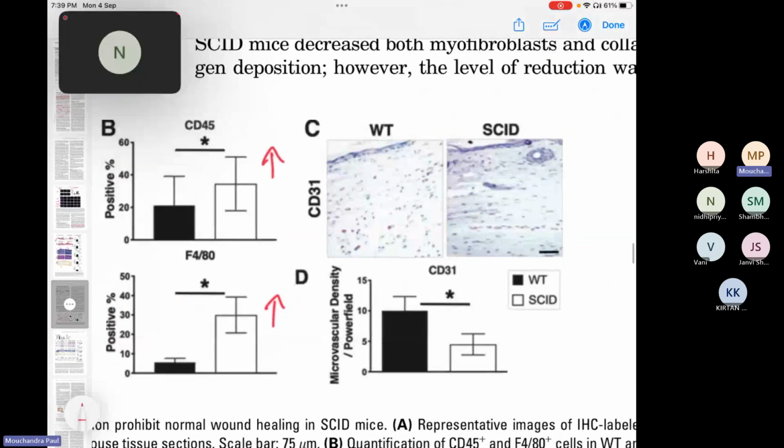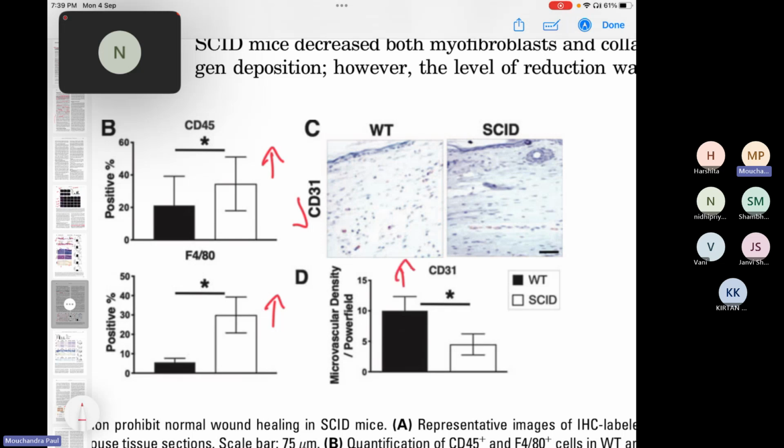They also observed the percentage of microcapillaries at the dermal wounded area in SCID mice and wild type mice. Blood vessels are made up of endothelial cells, and a cell surface marker of endothelial cells is CD31. They saw that in the wild type, where there are lymphocytes, there is more angiogenesis going on, because of which the percentage of microvessels is higher.